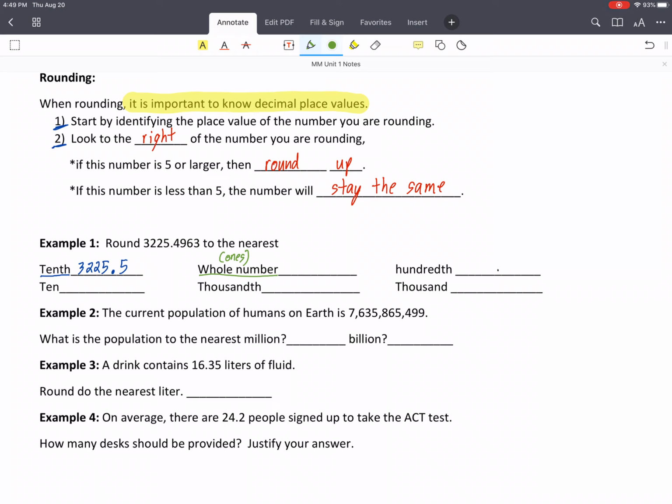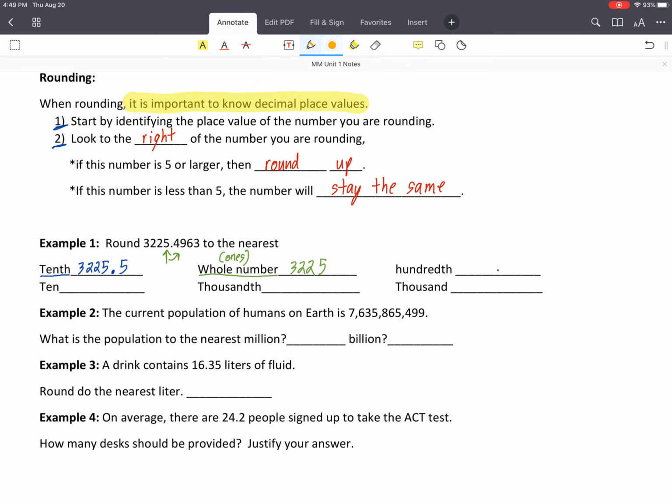So the ones place is right there, the 5, so everything to the left of that is going to stay the same, so 3, 2, 2, and now we look to the right of that, whether we need to make that 5 to a 6 or leave it as it is. And it's a 4, so we leave it as it is. So if we round to the whole number, it's going to be 3,225.